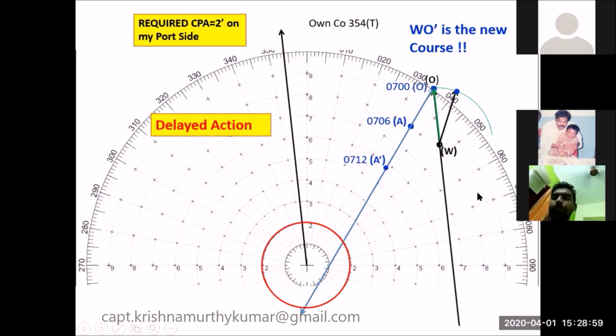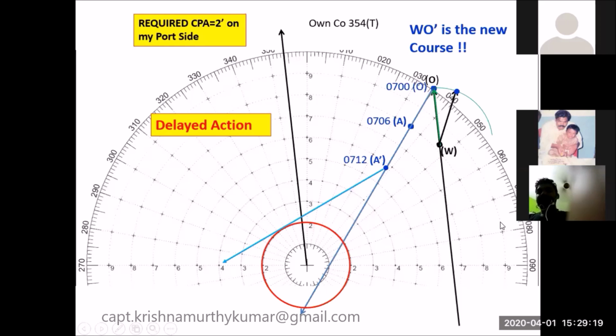So what should be my new line of approach? That is the new line of approach. I want him to move along this light blue line, and I must take some action.